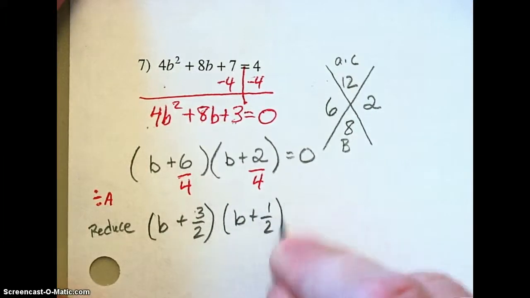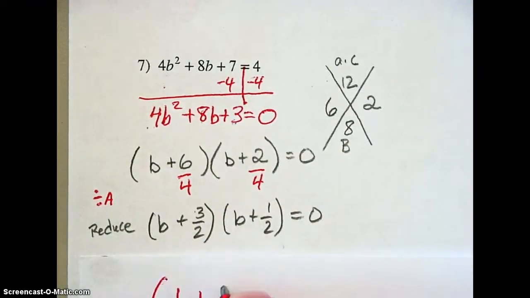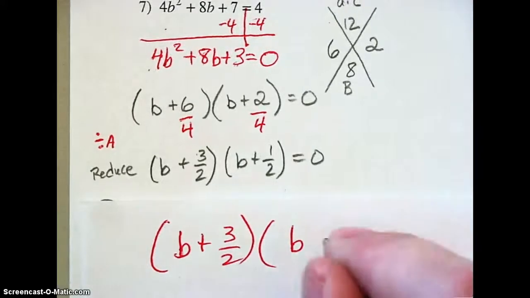And here we get b plus 1/2. Now, when we were factoring last chapter, I told you you had to go through and I wanted to see the actual factored form. I told you I wanted you to move one of those numbers.